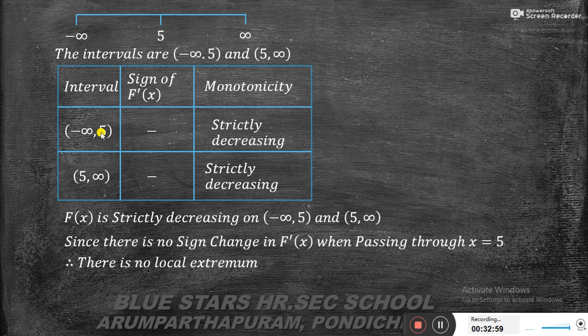Minus infinity comma 5 means you take any value from this interval and substitute in f dash of x; your answer comes to minus. Suppose x equal to 4.